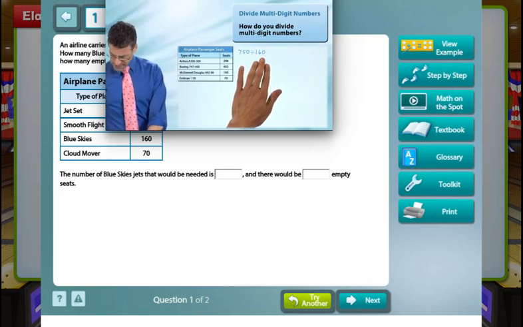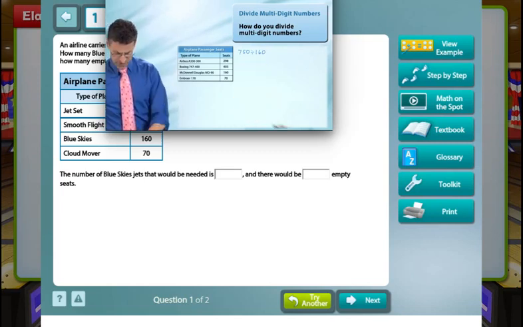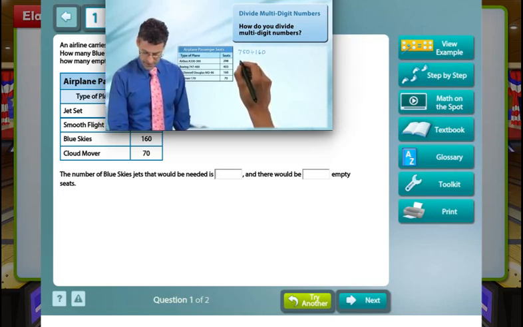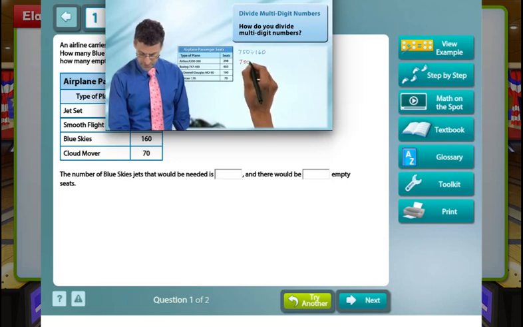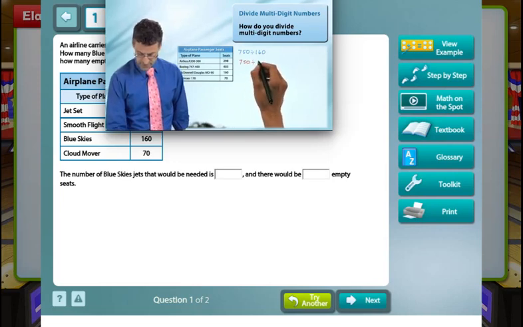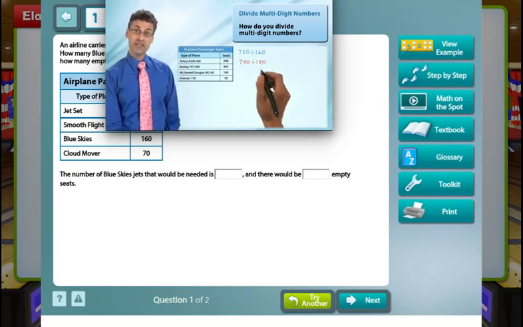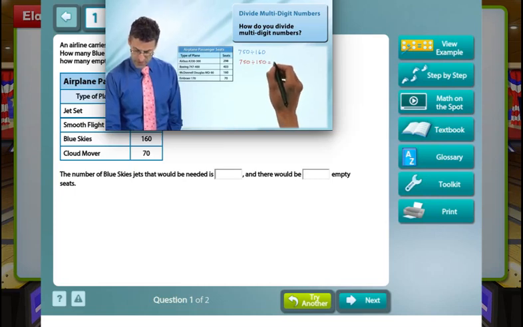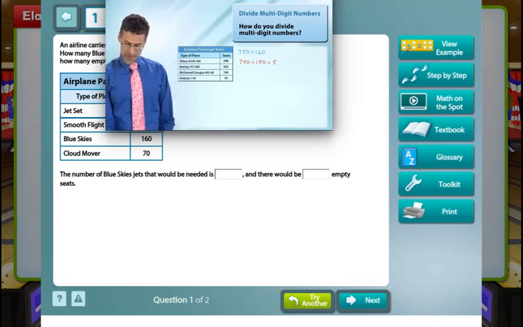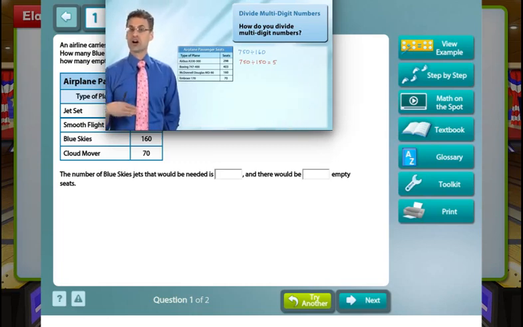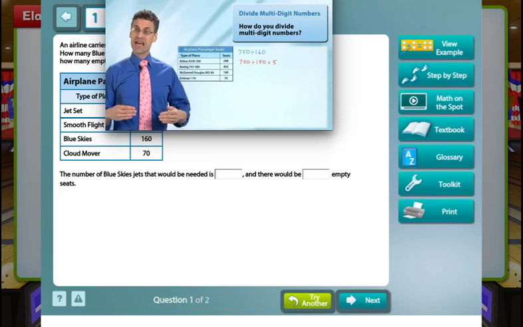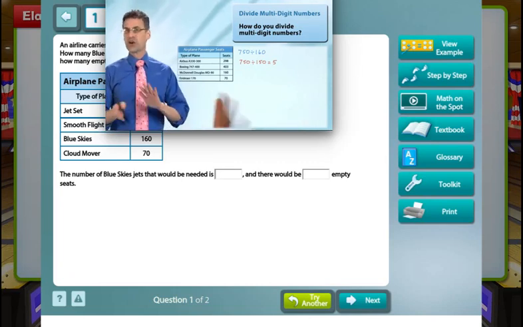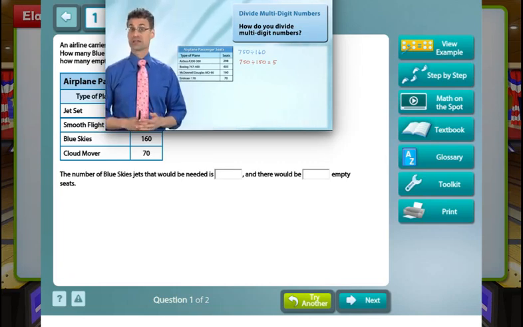A good compatible number would be 150, because 750 divided by 150 is not too bad. If we work that out, we get a quotient of 5. So 5 is our estimate. We would estimate that we're going to need around 5 airplanes.